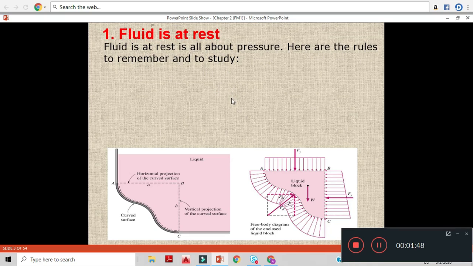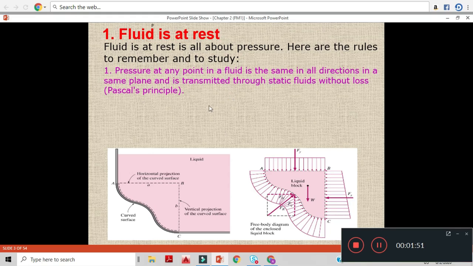Number one, the pressure at any point in a fluid is the same in all directions in the same plane and is transmitted through static fluids without loss of energy or pressure. This is called Pascal's principle. So here you can see the pressure at any point, which we will prove and see, in all directions is the same and it is transmitted through the static fluids.